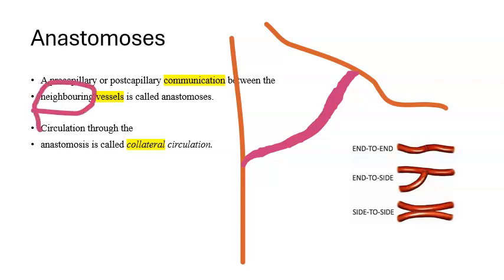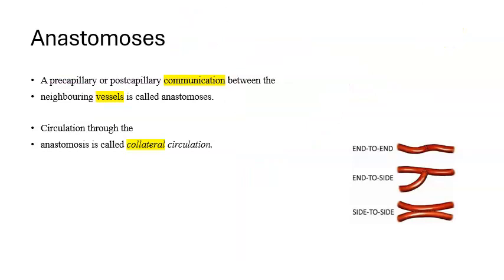This word is important. You can't go and form some communication with somebody who is not your neighbor, right? Between neighbors only you will form. So this is anastomosis. What is the circulation? If blood flows through this anastomosis, it is collateral circulation. If it is arteries between which it is happening, you can say collateral arterial circulation.